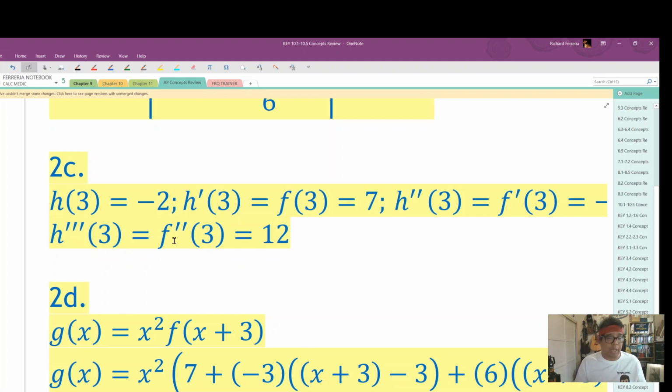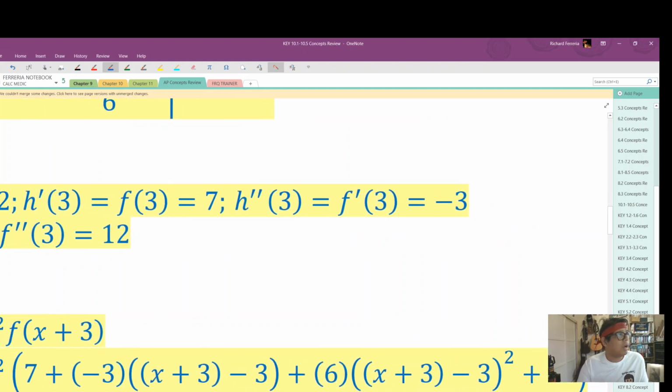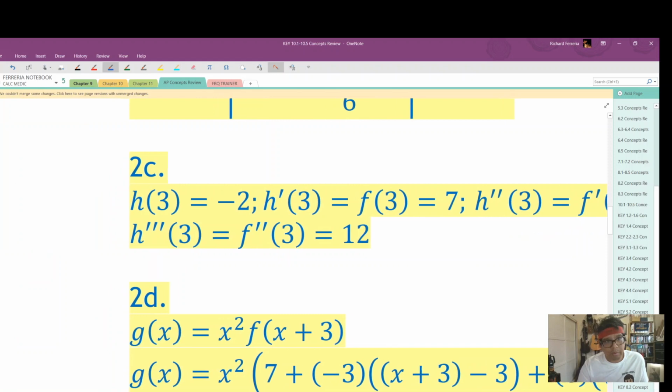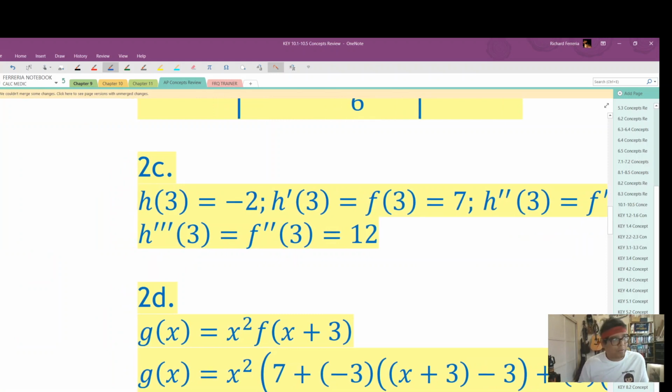So for example, h prime of 3, that's the same thing as f of 3 over here. h double prime of 3, that's the same thing as f prime of 3, which is negative 3. h triple prime of 3, that is the same thing as f double prime of 3, which we were told earlier is 12. Now we don't know what f triple prime of 3 is because we were just given a bound. So we don't know what the actual value is.